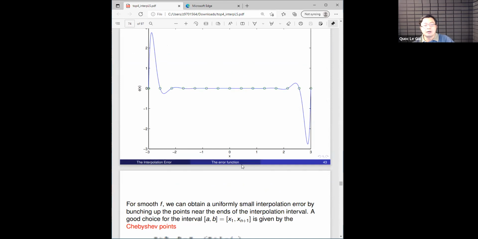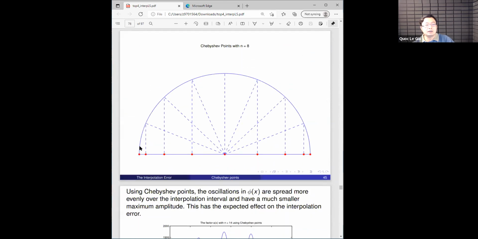But he divided the semicircle into equal arcs, equal arc length, right? So you see the pictures, and then you project the points on the semicircle back to the interval, and you see the effect is you have more points at the ends, on the two ends.